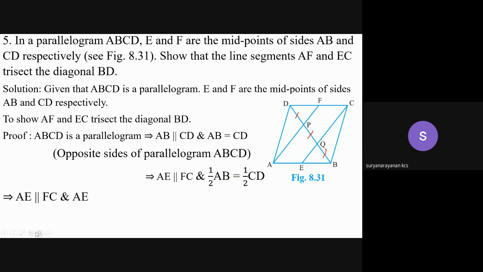This implies AE and FC are parallel. AE is parallel to FC and AE is equal to FC, because E and F are midpoints of sides AB and CD respectively. So we got AE is equal to FC.